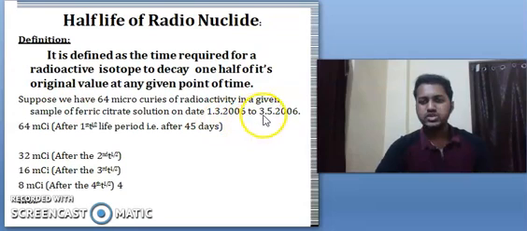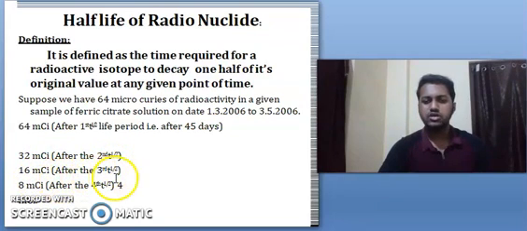On 3/5/2006, it is 64 millicurie. After the first half-life period, for example after 45 days, 32 millicurie. After the second half-life, 16 millicurie. After the third half-life, 8 millicurie. After the fourth half-life, 4 millicurie.